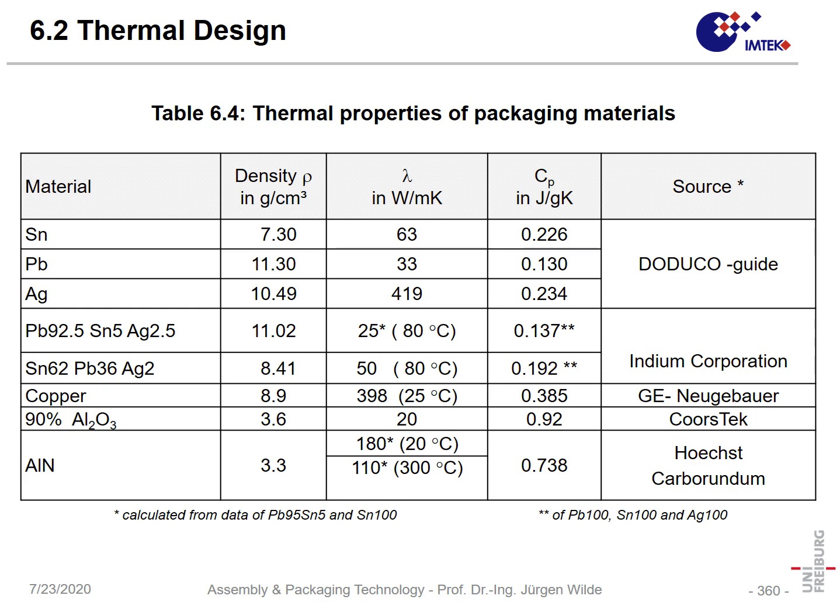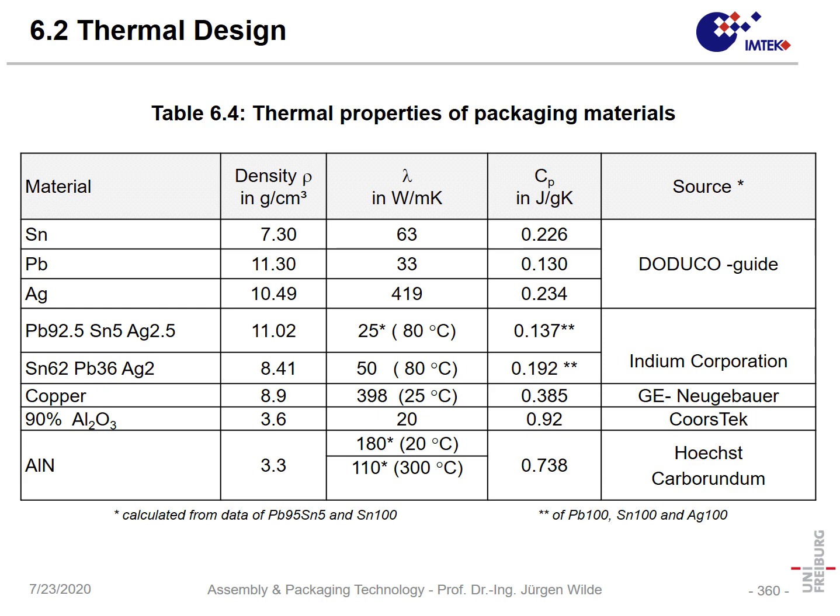For instance, metals typically have between, for solders, 30 and 60 or even 70 watt per meter Kelvin. Silver has roughly 400. Copper is almost like silver in the heat conductivity.